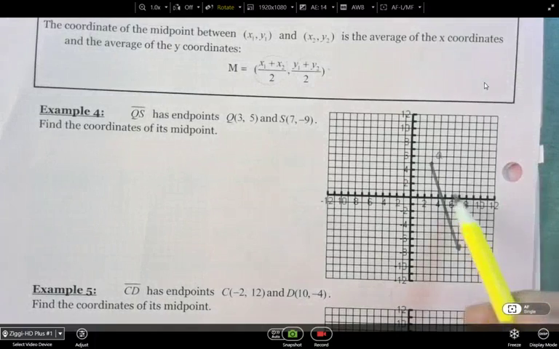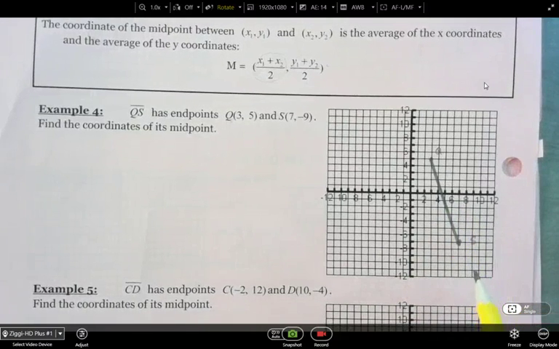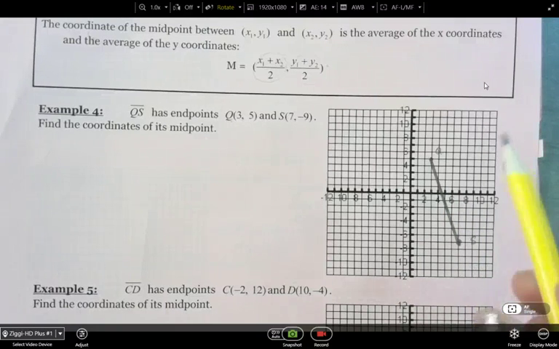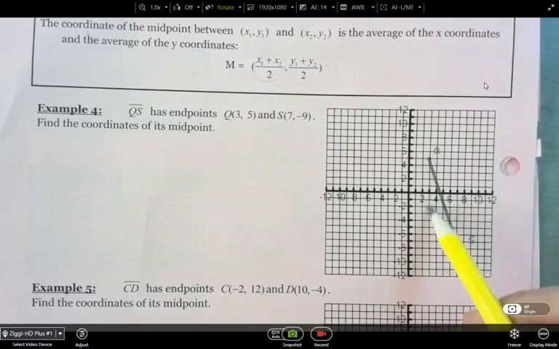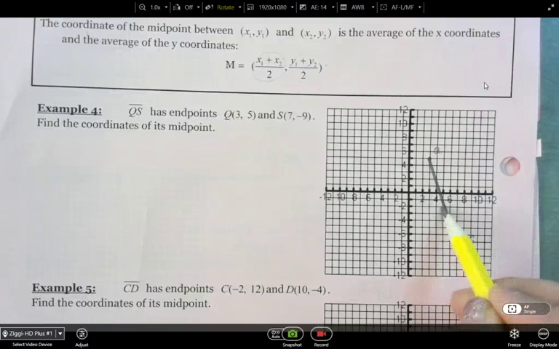So we know it's going to be somewhere here, right? Well, what's halfway between the 3 and the 7? How far away are the 3 and the 7? They're 4 apart. So what should my x-coordinate end up being? 5. It should end up being 5.